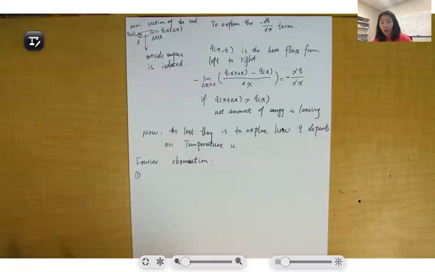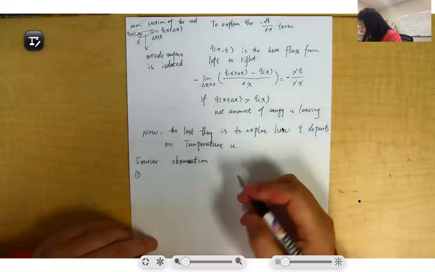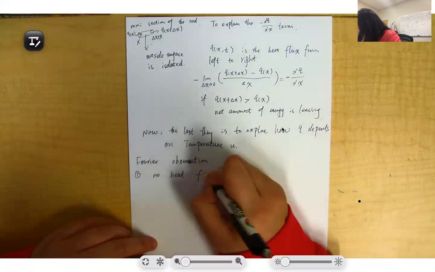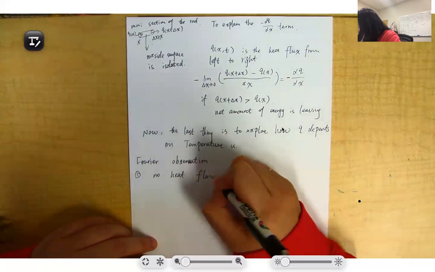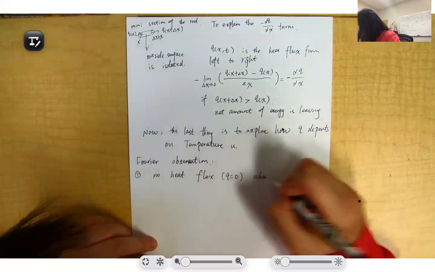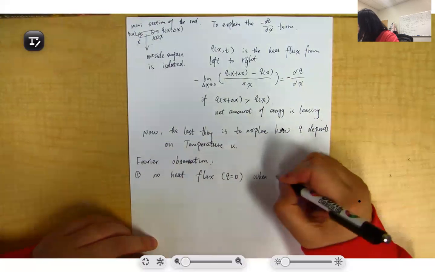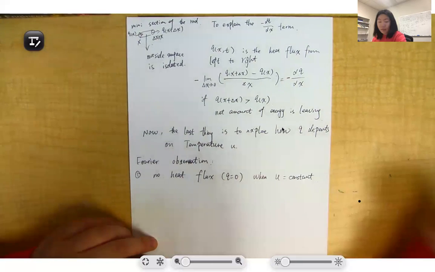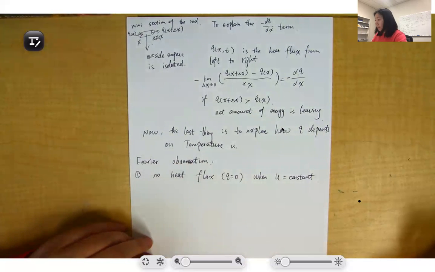When there is no heat flux, the temperature is uniform. So no heat flux means my Q is equal to 0 when my temperature is constant. So my U is constant. That is the first observation from Fourier.